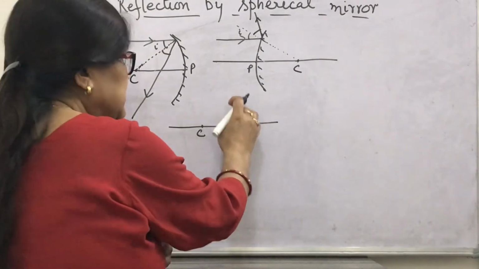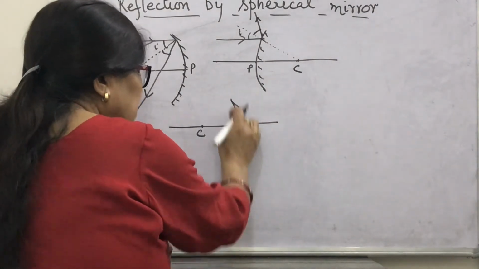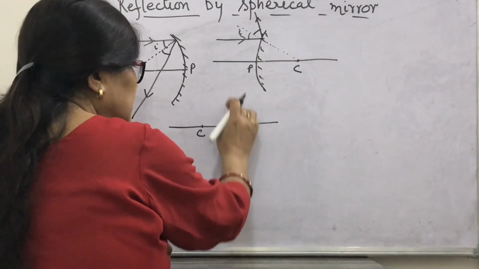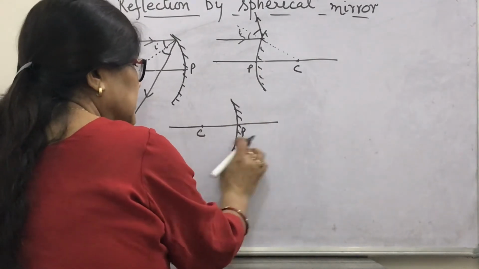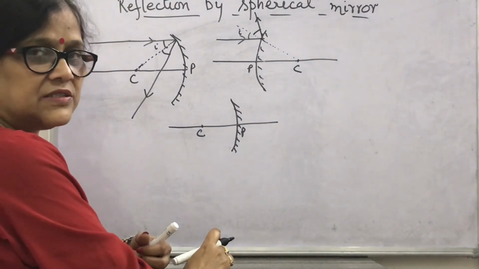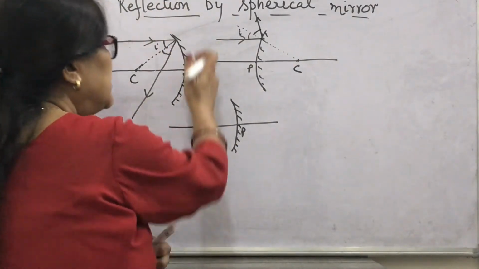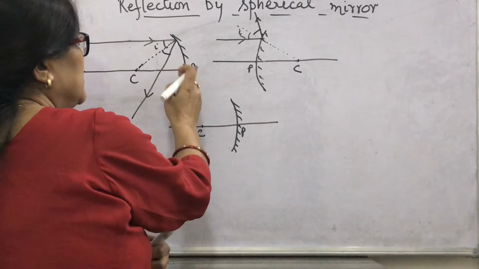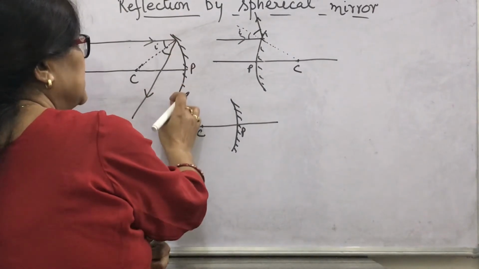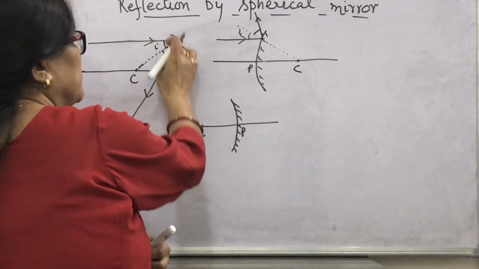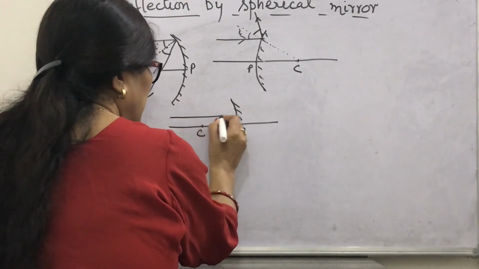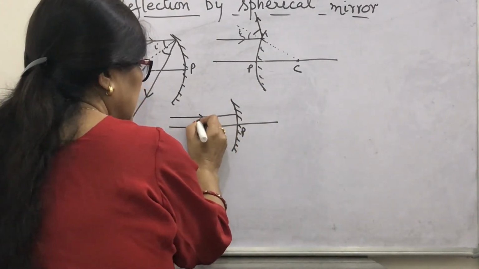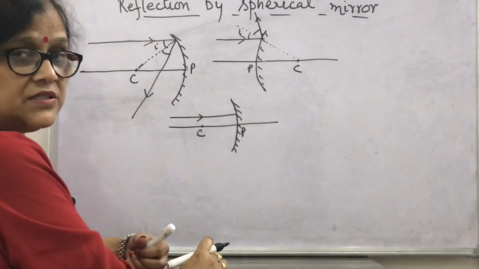In your syllabus, since the aperture is very small compared to the radius of curvature, all the rays are supposed to be paraxial rays. Otherwise, for bigger mirrors, the rays which are nearer to the margin are called marginal rays, and the rays nearer to the principal axis are called paraxial rays.